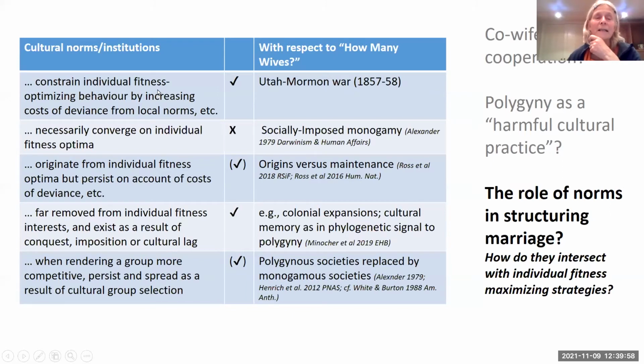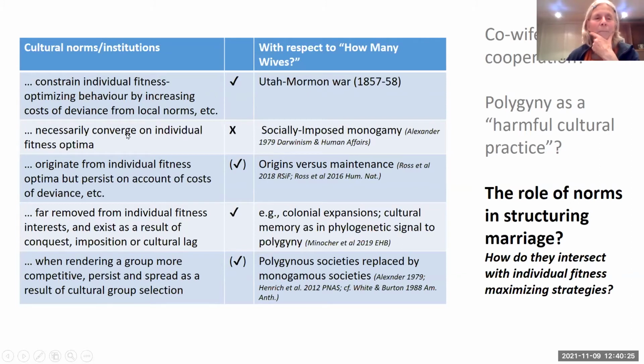I put a tick here because this seems to be something that surely we would all agree on. Basically, the US Army went to war with the Utah Territory to get rid of polygyny. And so, if you break the rules, you get into trouble.